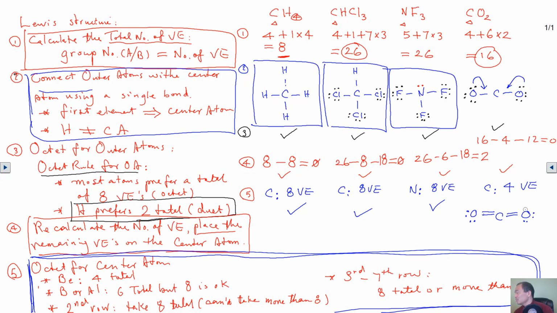Can you move it to the top? No problem, as long as that spot is available. So this will give you the final Lewis structure. So hopefully by now, through these 4 examples, you will be able to draw the correct Lewis structures for your homework, which you need to turn in next week.